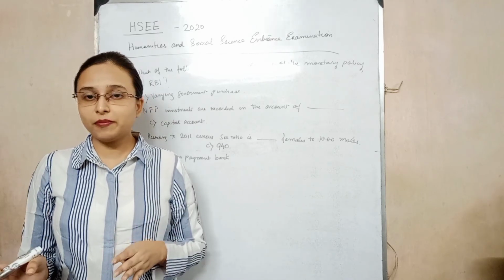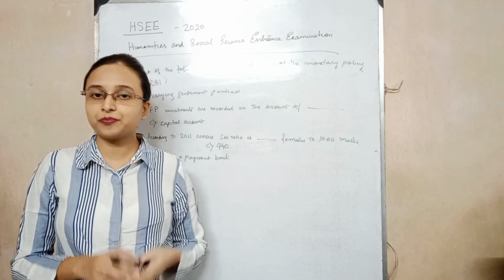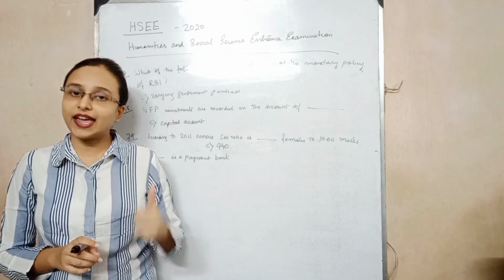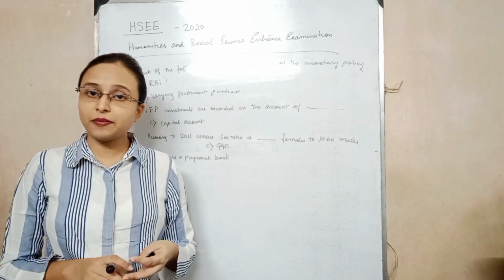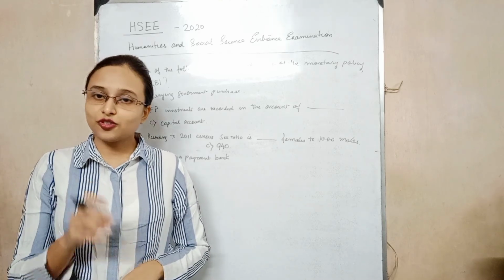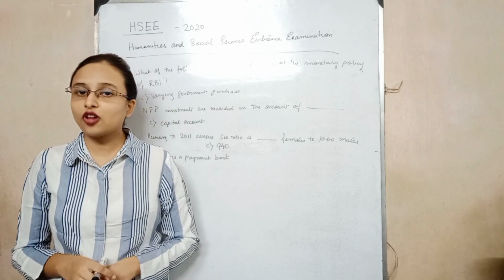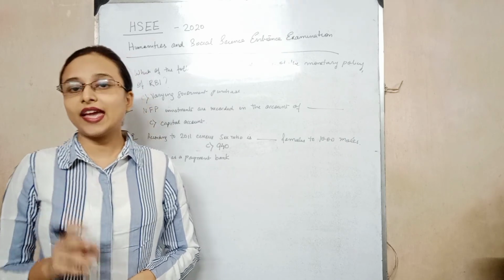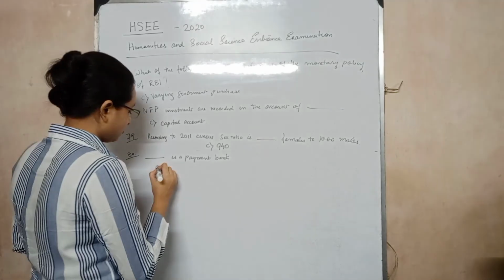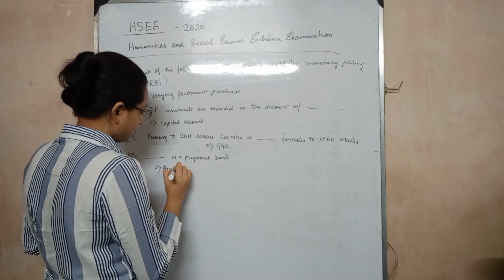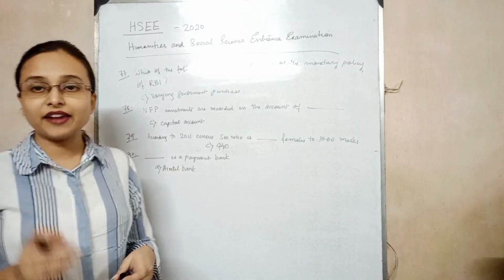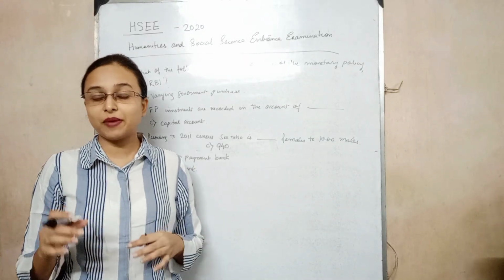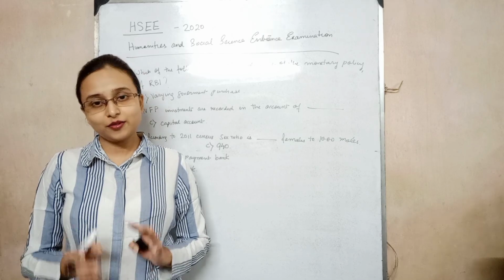A commercial bank is a normal bank, but payment banks are a little different. Options were: first, Airtel Bank; second, Bandhan Bank; third, IndusInd Bank; fourth, Yes Bank. So you can understand by listening to the options as well. It will be A, Airtel Bank. You must have heard from advertisements of Airtel Payment Bank and so on. Okay, so that is the answer.